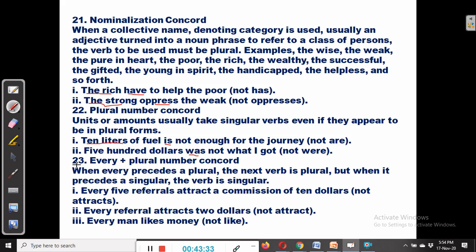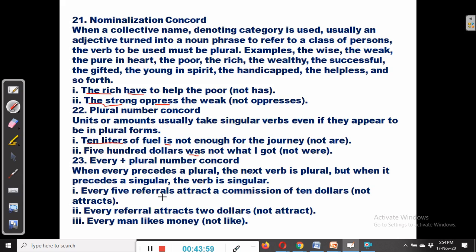Alright, so number 23, rule number 23, every plus plural noun concords. When the word every precedes a plural, the next verb is plural, but when it precedes a singular subject, the verb is singular. Now let's look at examples.